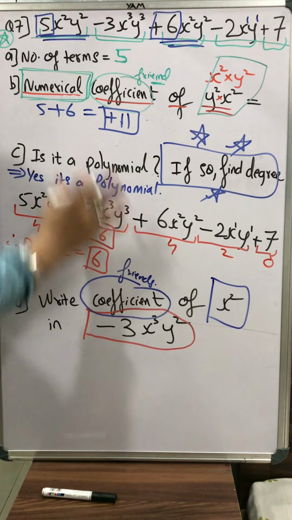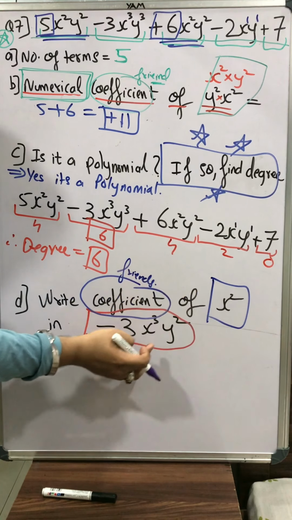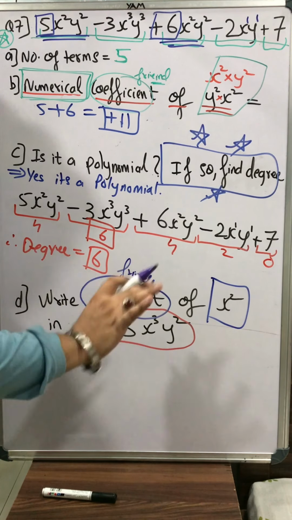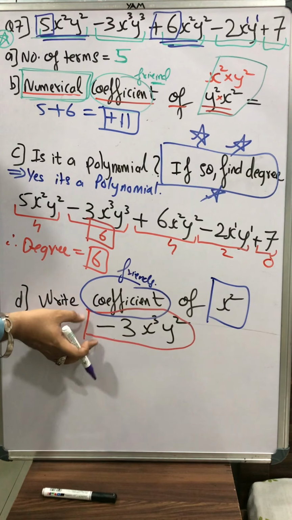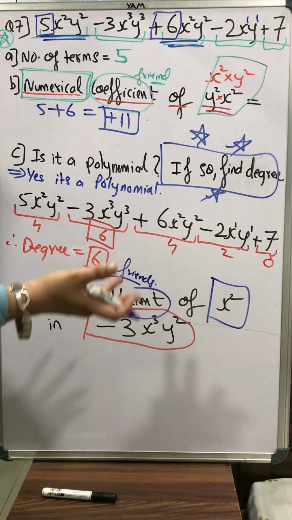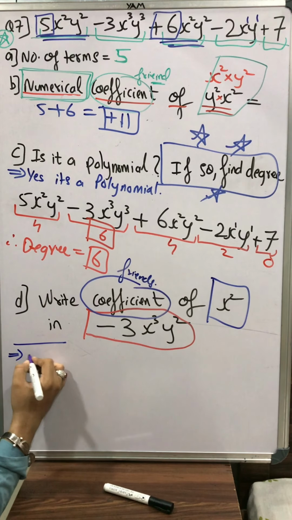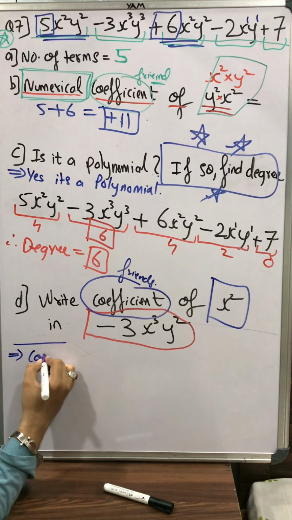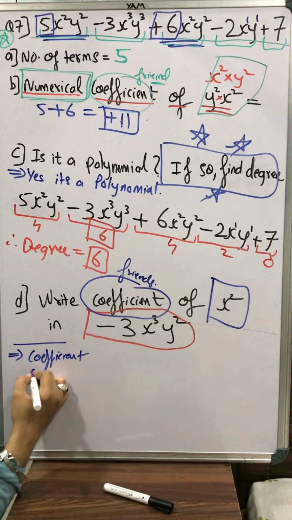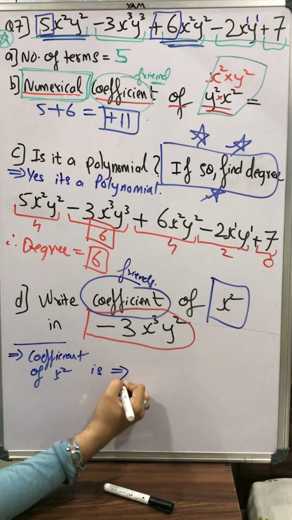So we just don't have to refer to this complete polynomial. We just have to compare these two, the blue box with this red box. So just delete x square from this expression, minus 3x cube y square. So what will be remaining? Those are the coefficients. So the solution will be: coefficient of x square is, I'll write here.